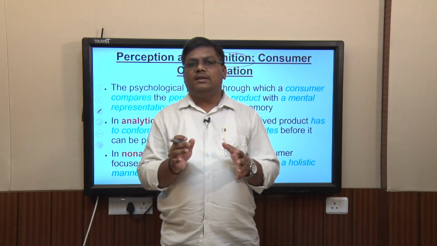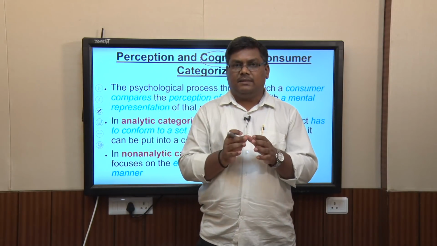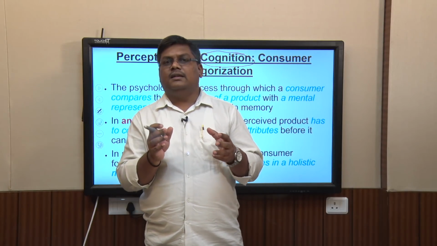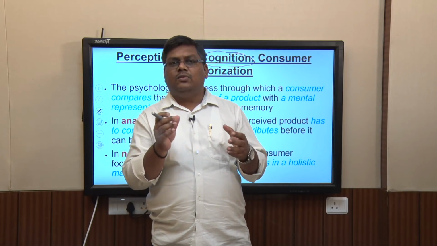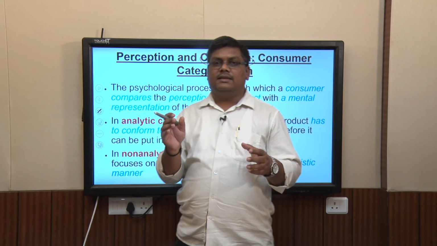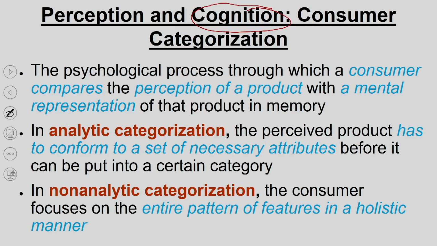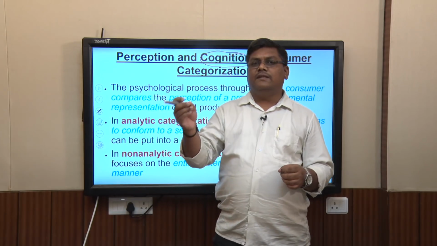Now, once the consumer notices it, he has to organize this information about the product or product related assumptions into his memory, and the second process in perception has to do with categorization. So, the consumer has to categorize a product into a pre-remembered set. For example, a new type of cell phone has come.